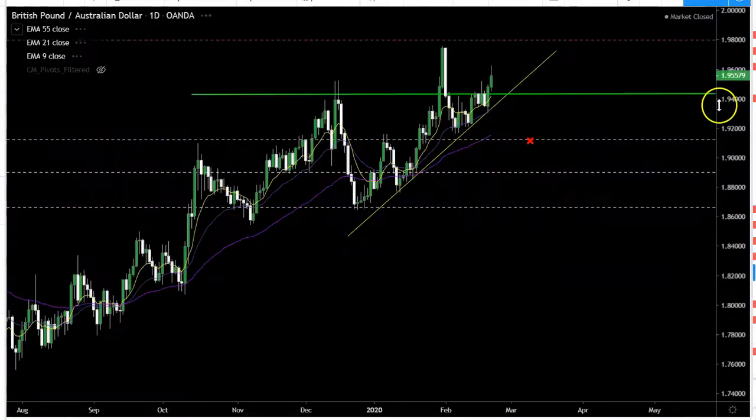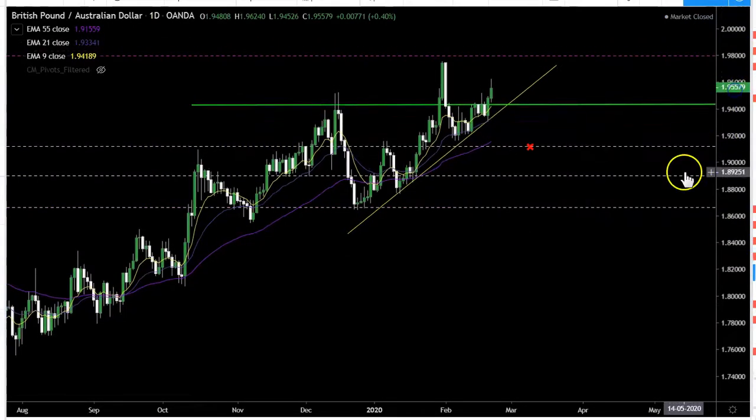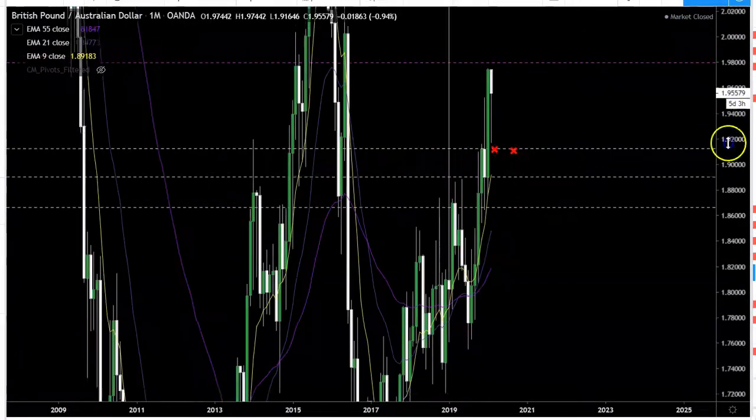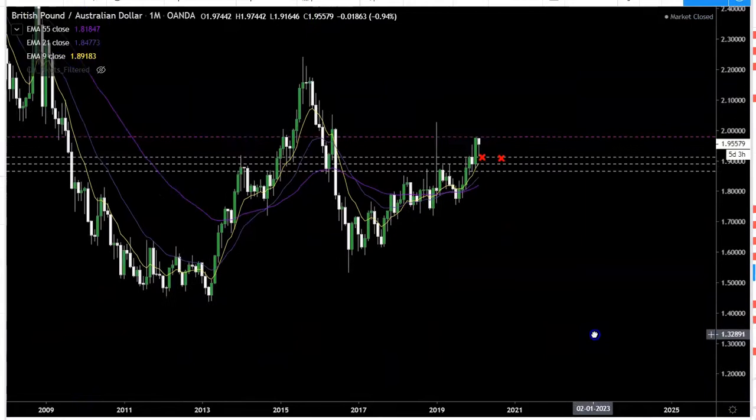Pound key areas again. Every single pound pair is at key resistance. It's in an uptrend, but it comes and hits these key levels. It's done it over and over again as we've been party to the Brexit thing.